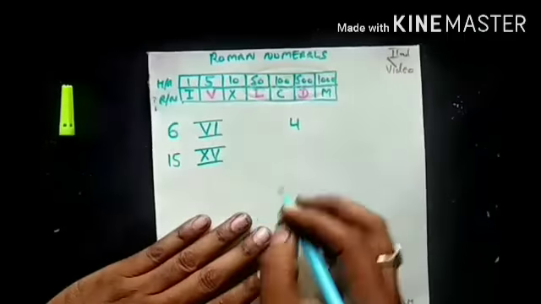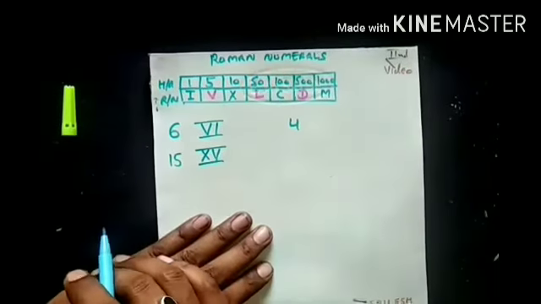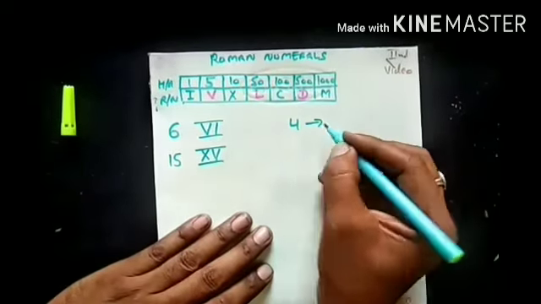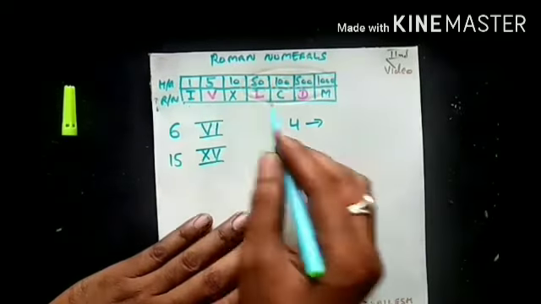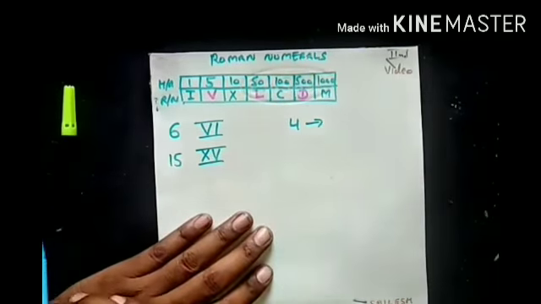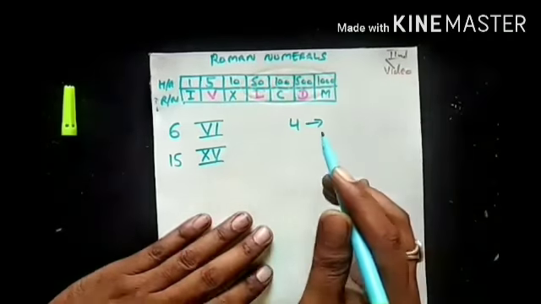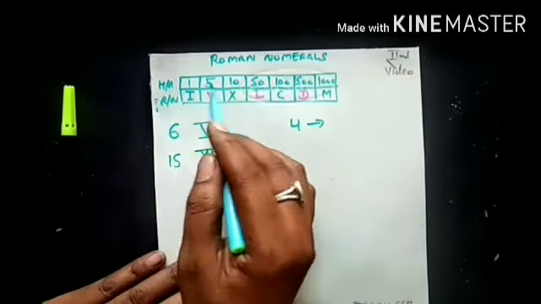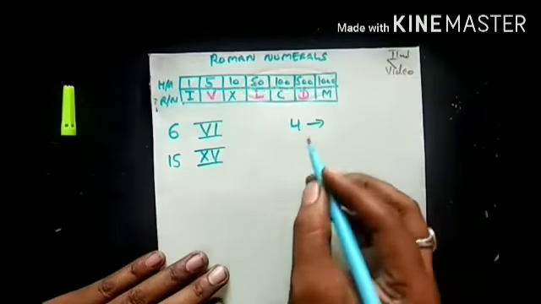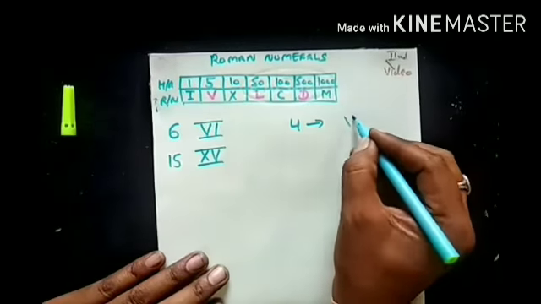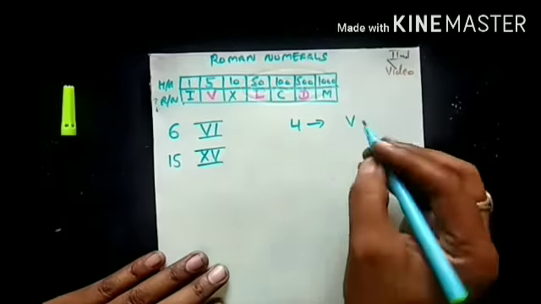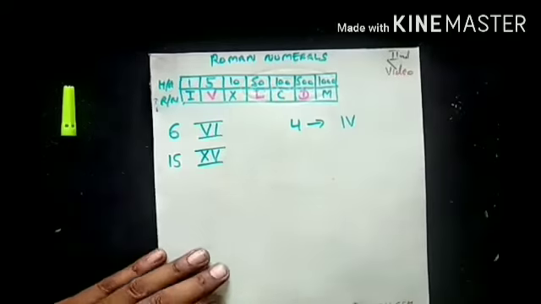Similarly, if I have to write 4, what should I opt for from this table? There is no symbol for 4, so I have to subtract 1 from 5 to get 4. The symbol for 5 is V and I will write the 1 on the left hand side.